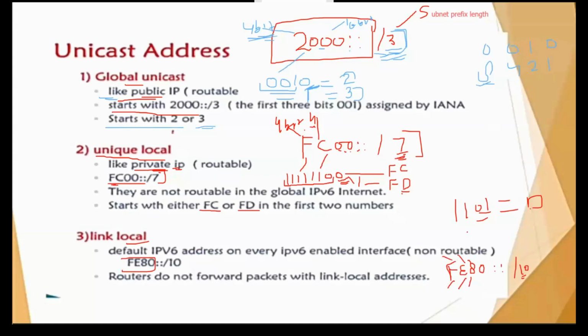So here when you see, F means 1, 1, 1, 1, 4 times, then E means 14. So 1, 1, 1, 8, 4, 12, then 0, and then 0, 0 4 times.